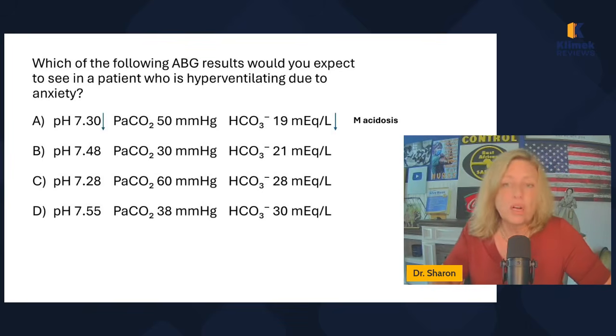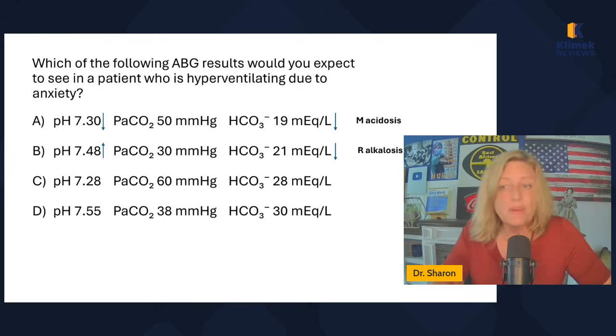Well, the first one has a low pH and a low bicarb. So that has to be metabolic acidosis because it's the same direction. Respiratory opposite, metabolic equal. And it's acidosis. So it can't be A. The second one has a high pH and a low bicarb.